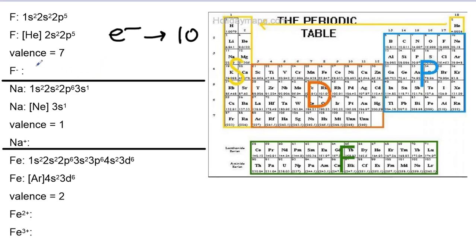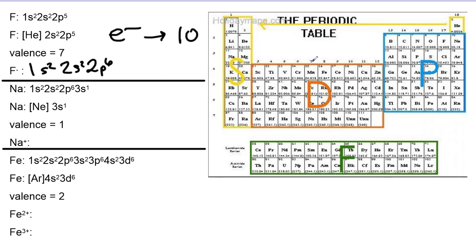Okay, so what happens to the electron configuration? It becomes the same as it started, so 1s2, 2s2, and 2p5 then becomes 2p6. So we've added 1 electron, showing that -1 charge, to the original electron configuration.